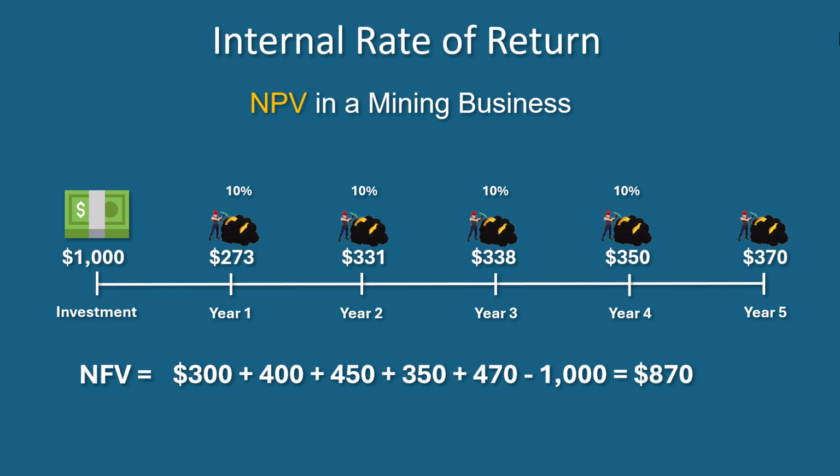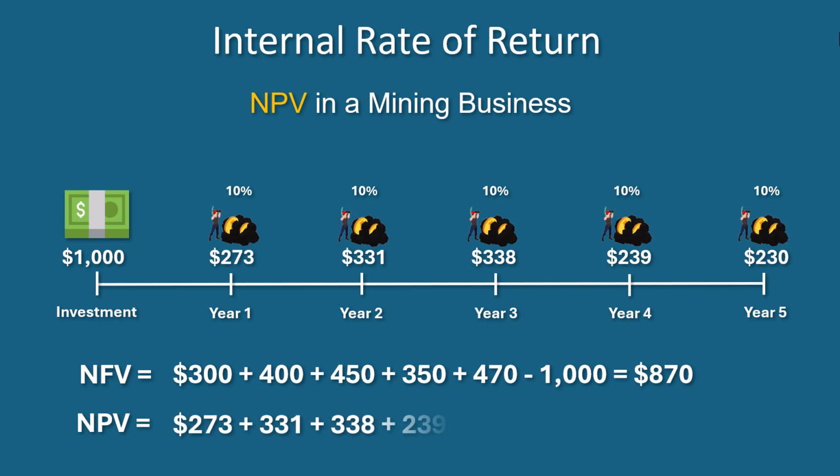Fourth year, $350 equals approximately $239. Fifth year, $370 equals approximately $230. When we sum these present values and subtract the initial investment of $1,000, the NPV becomes approximately $410. So, as a financial manager, we consider the NPV, not the simple future value.